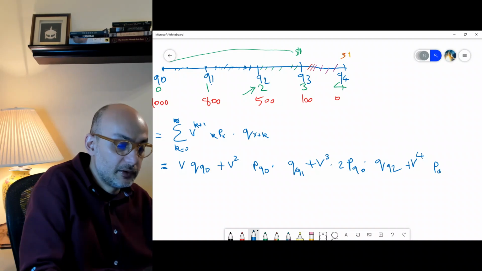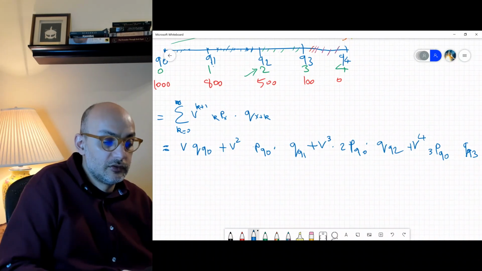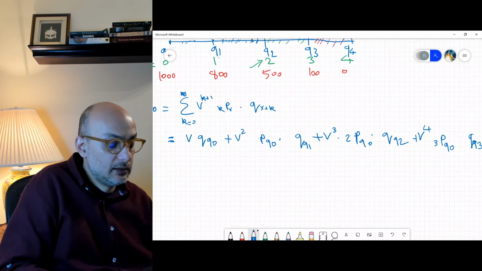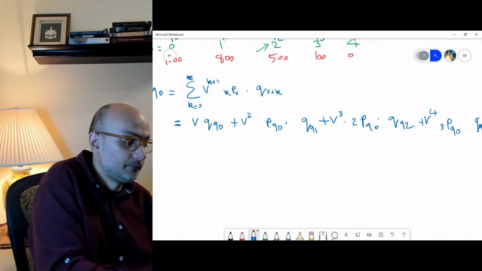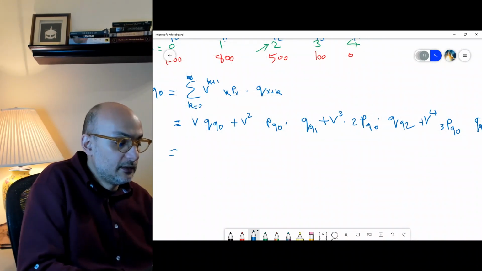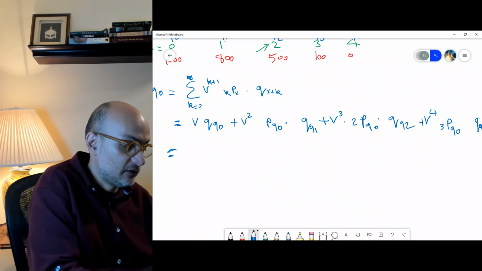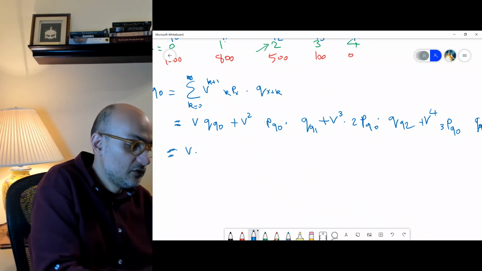So for somebody age 90, you need to survive 3 years and then die between 93 and 94, so the individual will be 93, right? So this should be it. Now let's implement it, and let's keep v as is. What's q90?